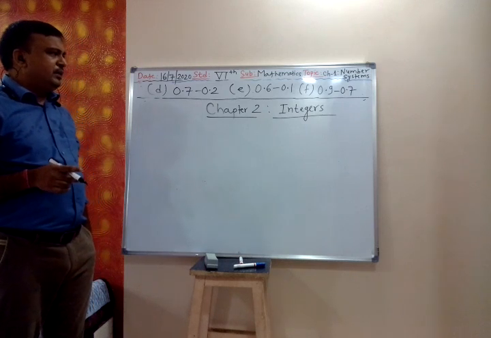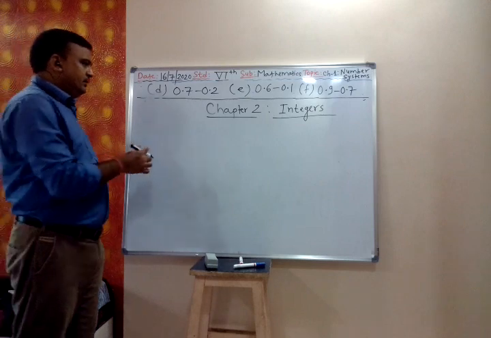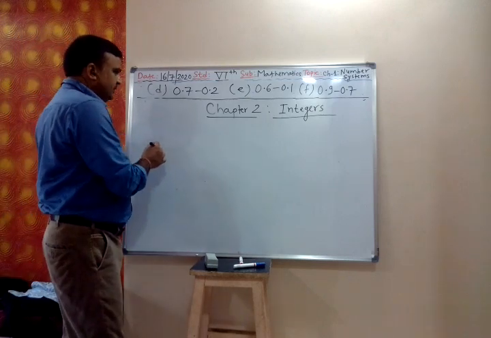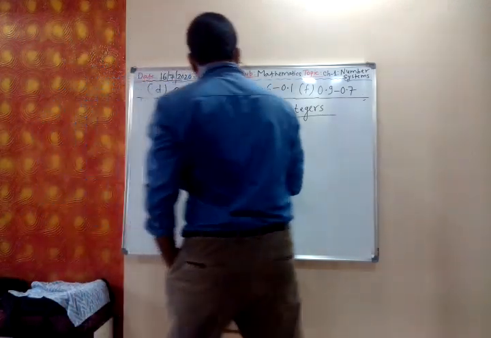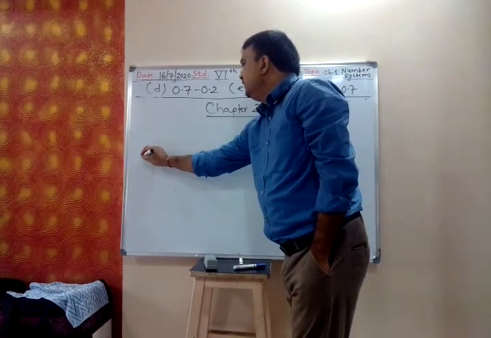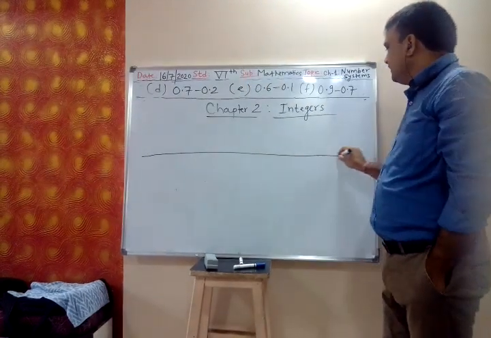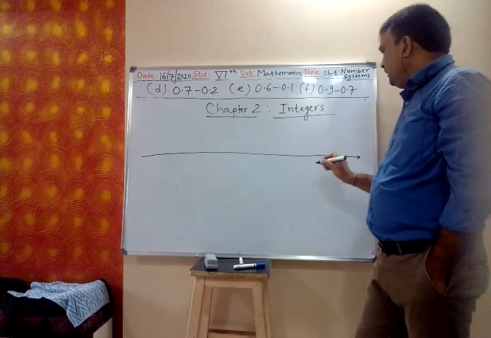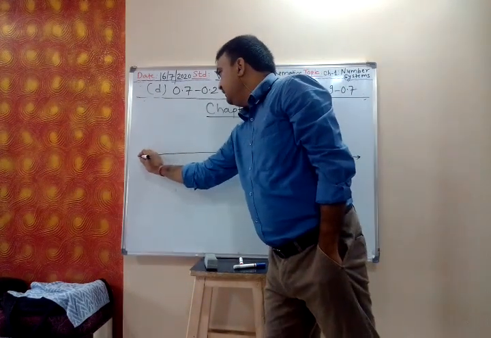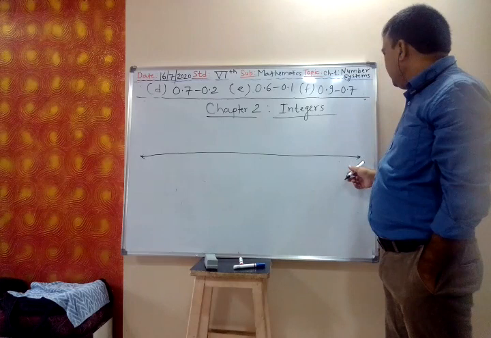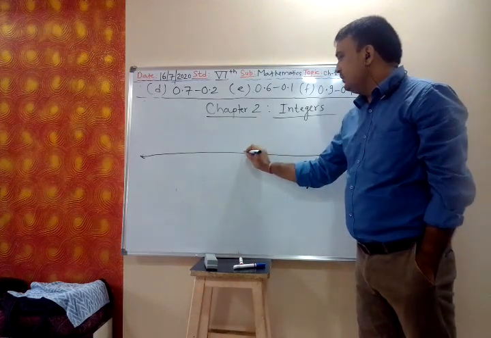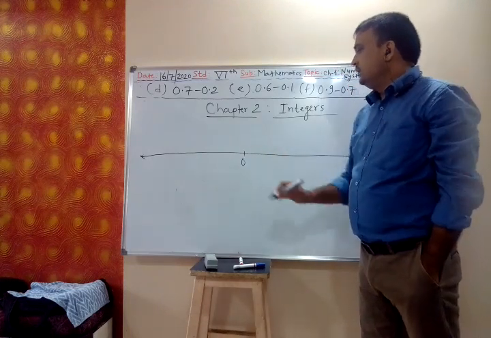Now we have seen the number line. Draw this number line. The number line has an arrow at both ends. In the center we have 0.